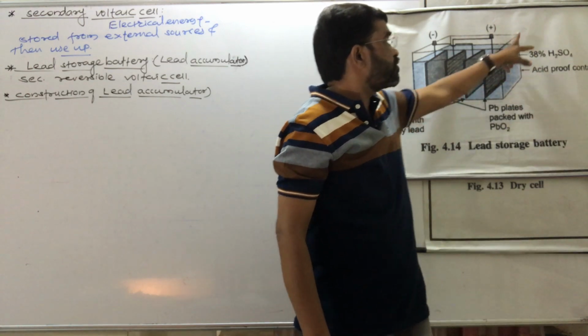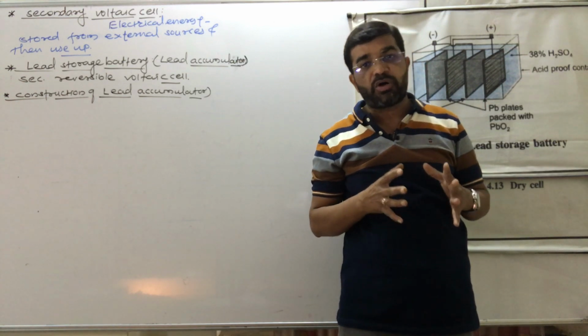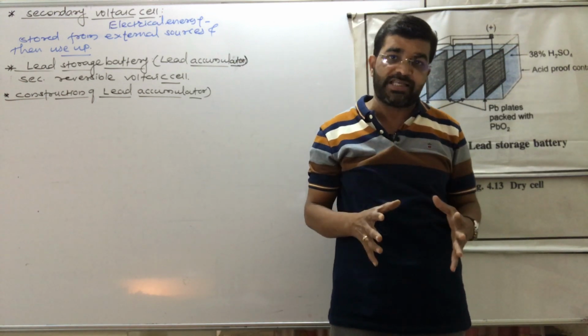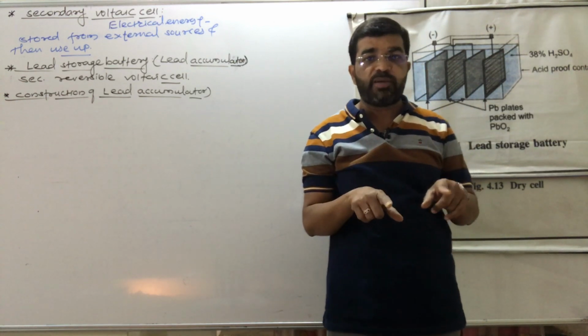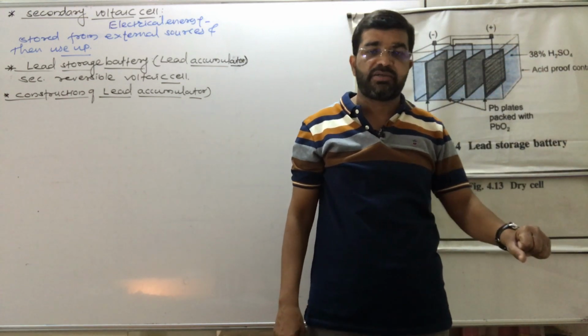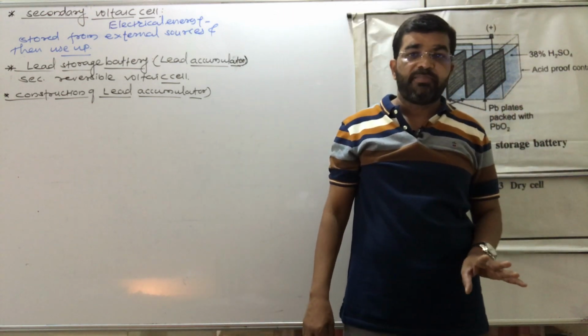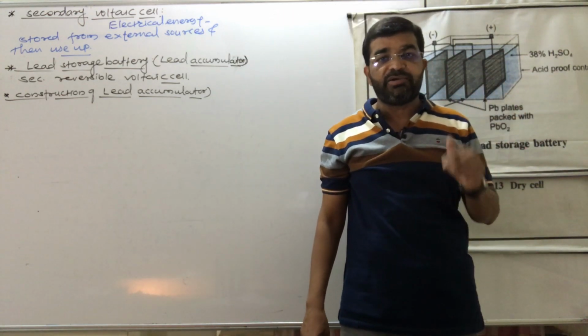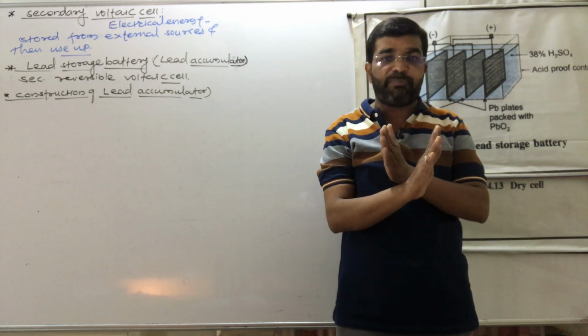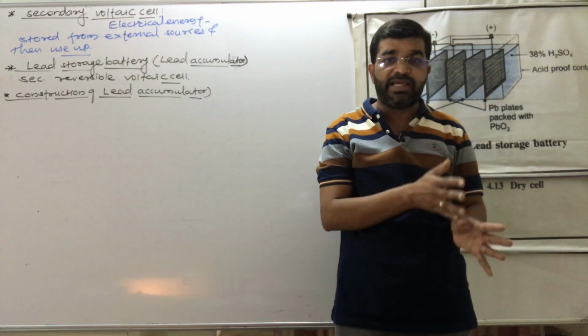H2SO4. So you see once again, this cell consists of a plastic or glass acid proof vessel in which 38% H2SO4, that is used as electrolyte, is placed, whose specific gravity is 1.21. Then the second thing you have to remember: alternate Pb plates and Pb plates impregnated with PbO2 are placed.